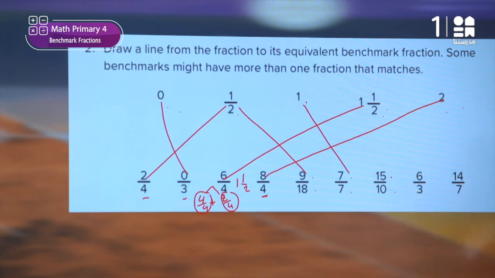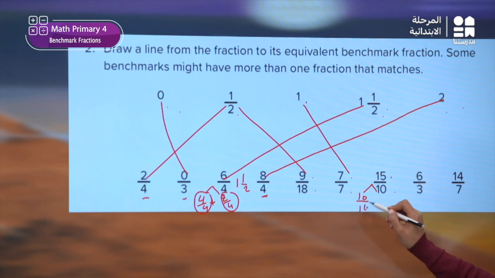Here I have 15 over 10. Let's think about it. I can make it 10 over 10 plus 5 over 10.